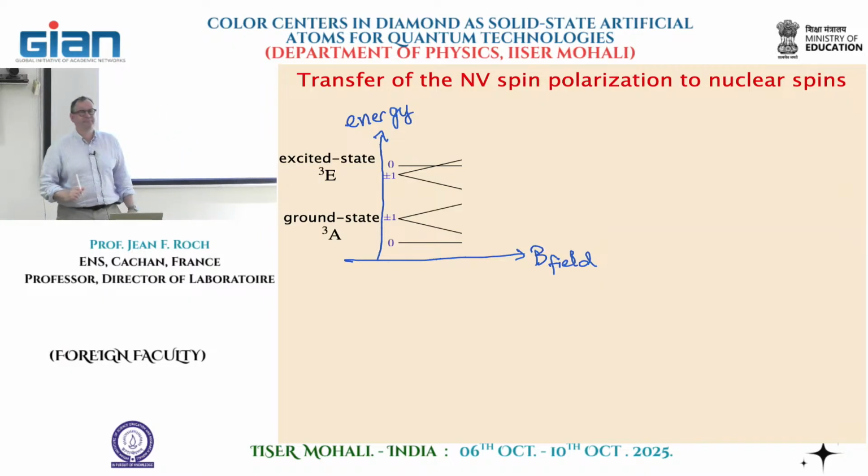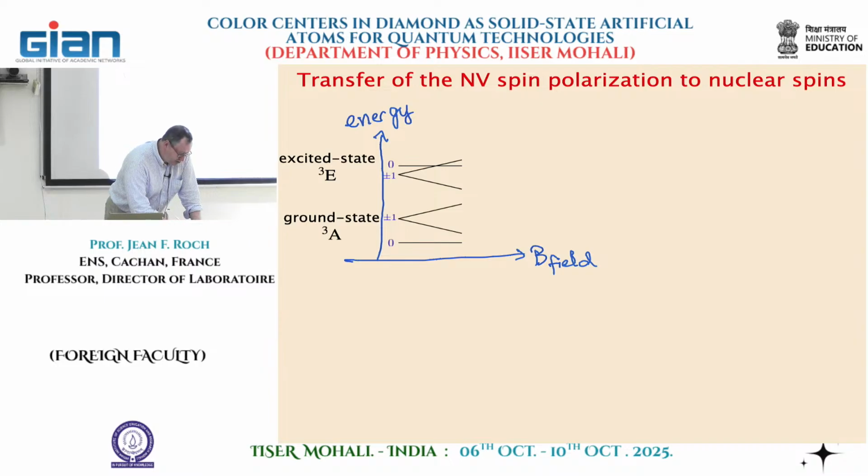So what I have here is a dependence, and as I mentioned before, here we have a difference of about 3 gigahertz, and here a difference of about 1.4 gigahertz.